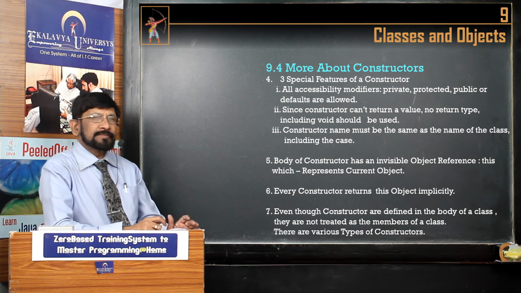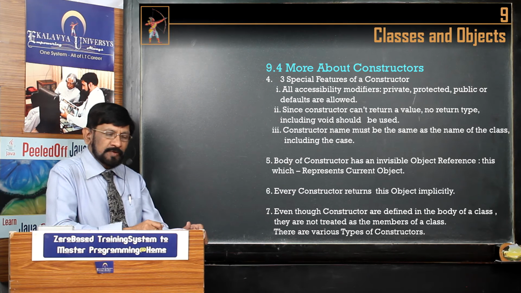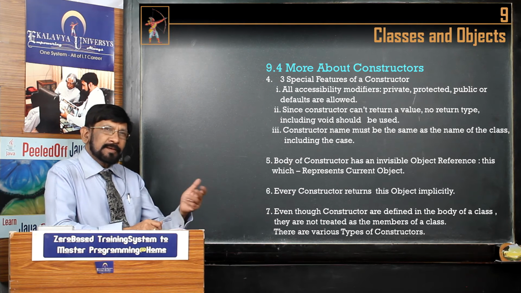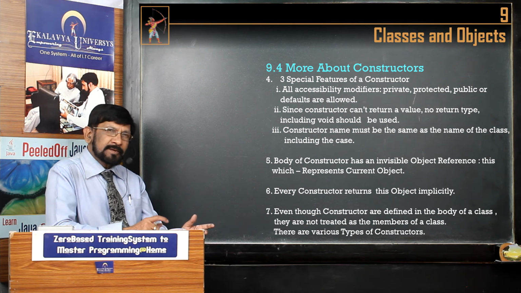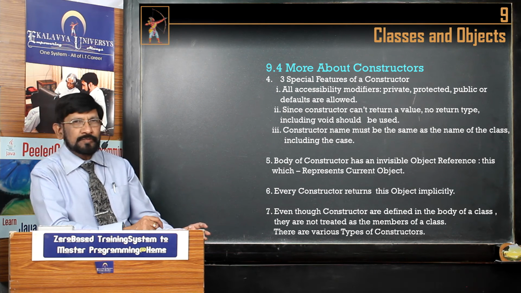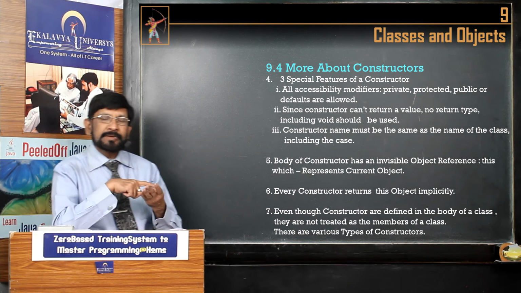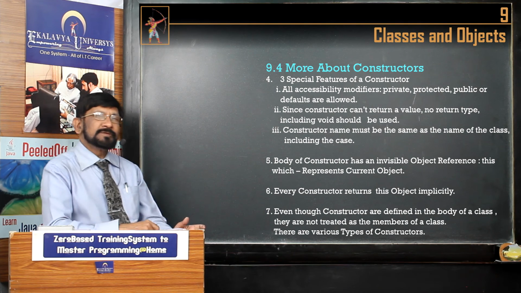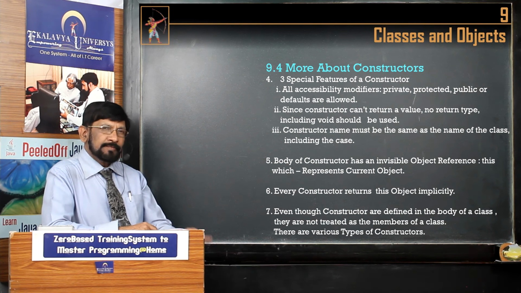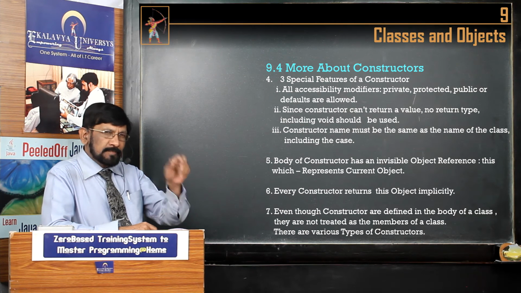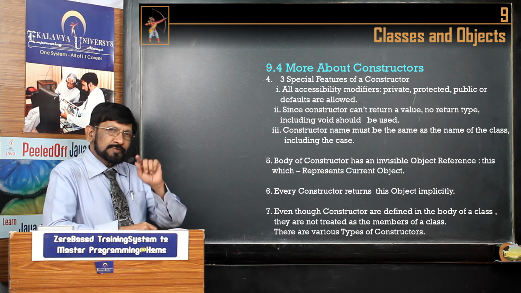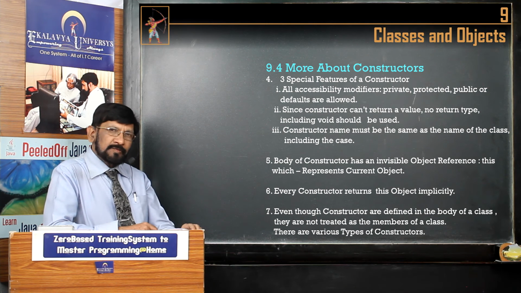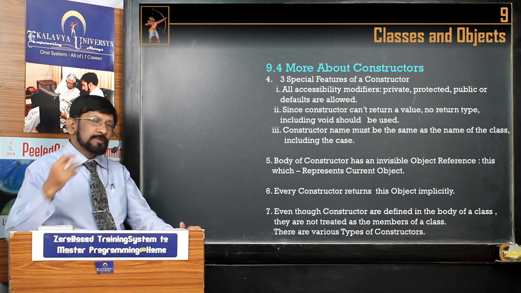Thereafter, optional accessibility modifiers. That means, like methods, we can write accessibility modifiers, either private, public, protected, or default. Default means we don't write anything. If you don't write any modifier, that is called default. You should not write the word default. Then it is limited to the package.